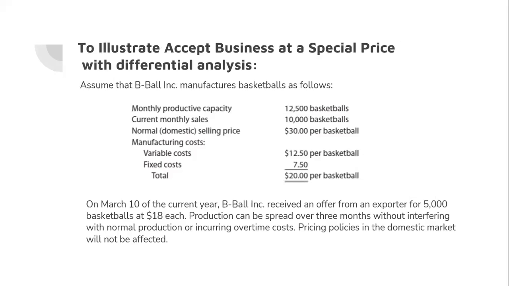On March 10 of the current year, B-Ball Incorporated received an offer from an exporter for 5,000 balls at $18 each. Production can be spread over 3 months without interfering with normal production or incurring overtime costs. Pricing policies in domestic market will not be affected.